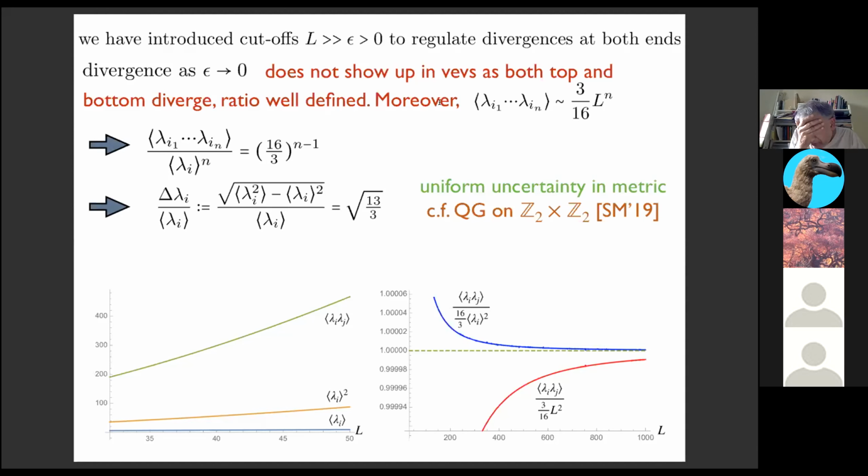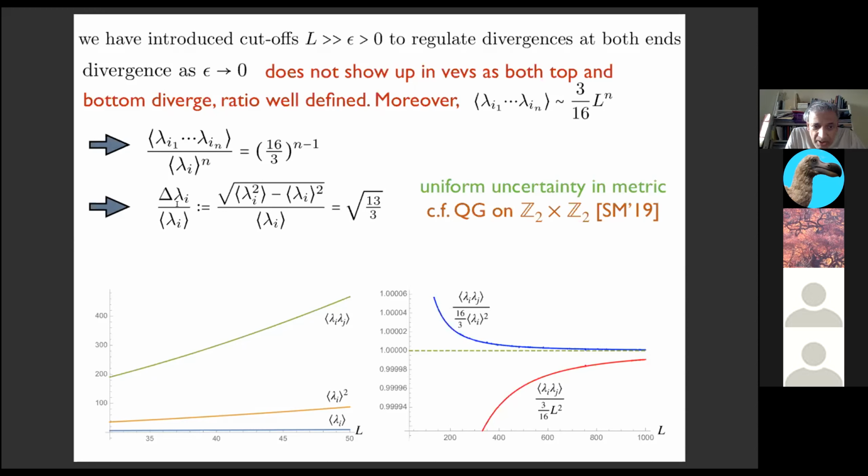All the models that we've computed have the same phenomenon: we still get divergences at the upper end, but those divergences can disappear if you only look at ratios. So if we look at the ratio of the relative correlation functions, then you actually get well-defined numbers.